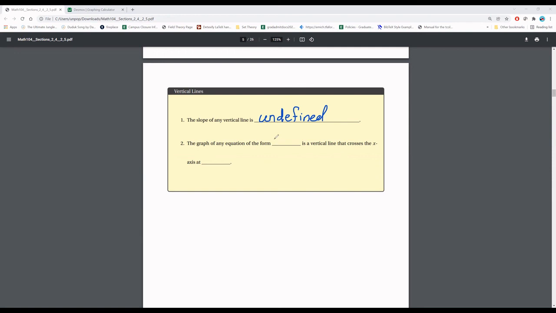In the case of a vertical line, it is x equals some number, we'll say a. So the graph of any equation of the form x equals a is a vertical line. It's not necessarily going to cross the y-axis, but it will cross the x-axis at the point x equals a and y equals 0.